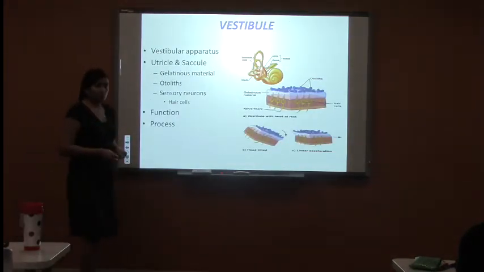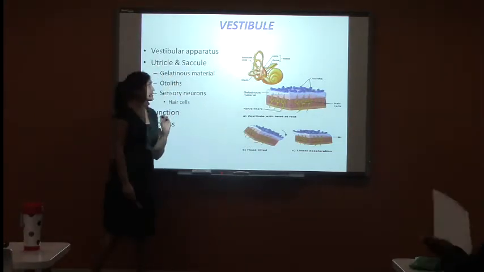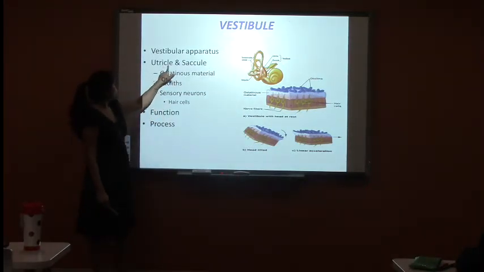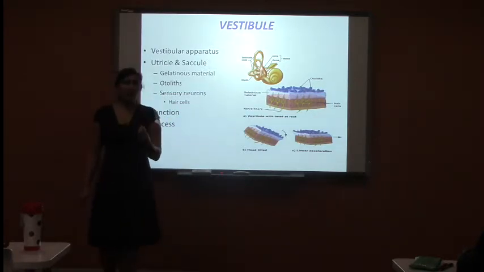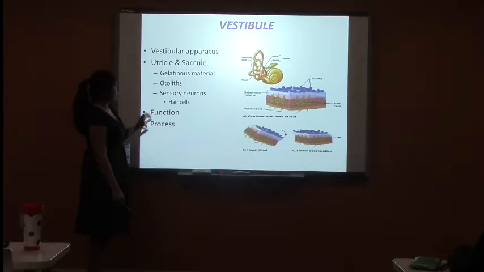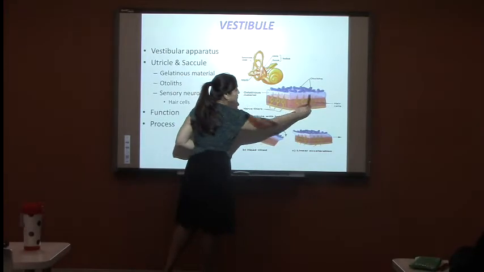Now, the vestibule. Vestibule is part of the vestibular apparatus. It's made up of 2 small structures called the utricle and the saccule. Each of the utricle and the saccule contains gelatinous material, which is right here.